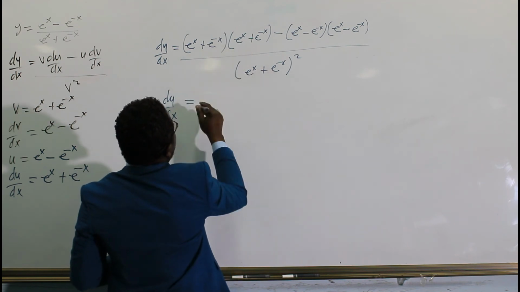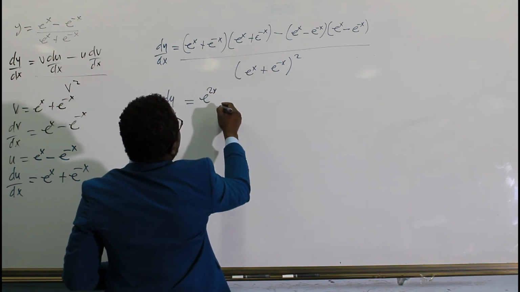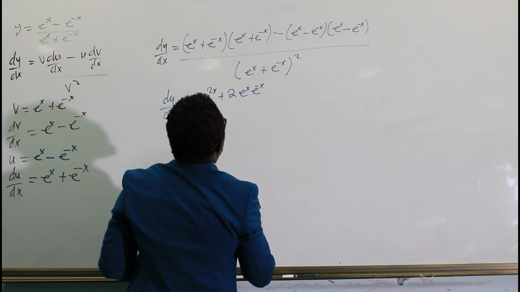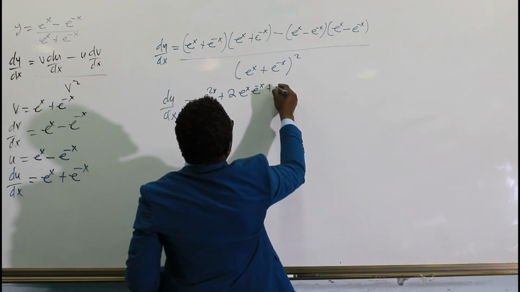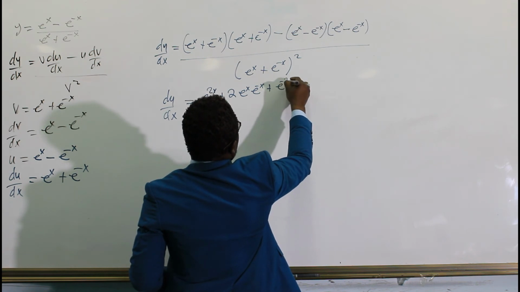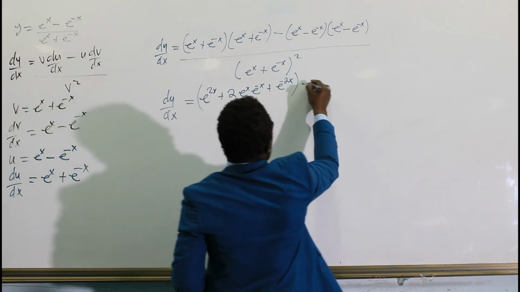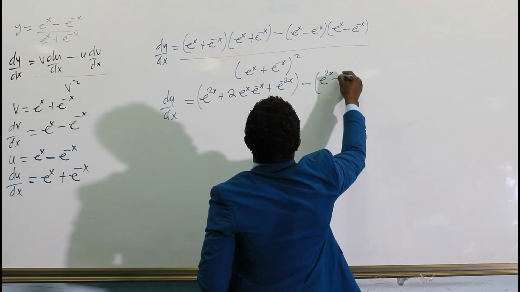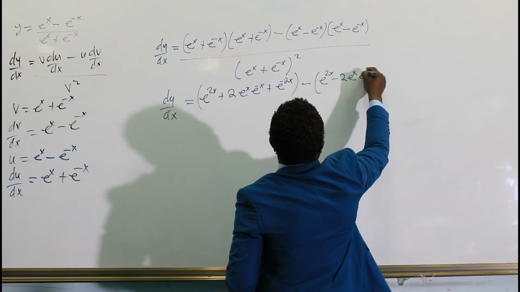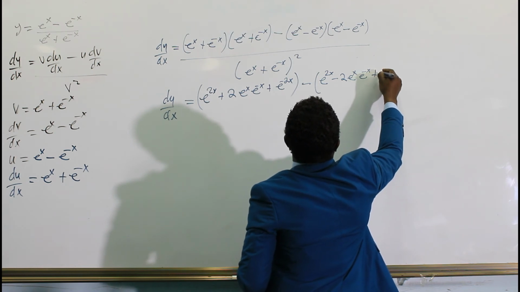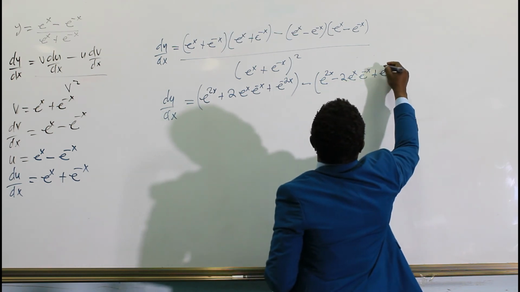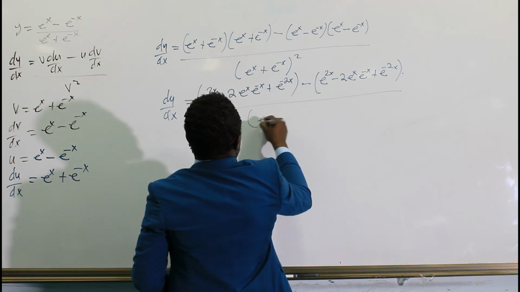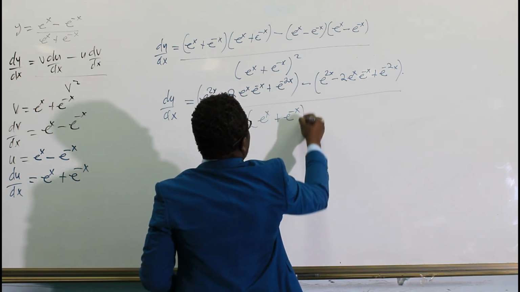Alright, so now that we have gotten this one, to find dy/dx, we simply multiply that. This will give us e^(2x) plus 2e^x e^(-x) plus e^(-2x), and then minus sign, and this is going to give us e^(2x) minus 2e^x e^(-x) plus e^(-2x), all divided by (e^x plus e^(-x)) squared.